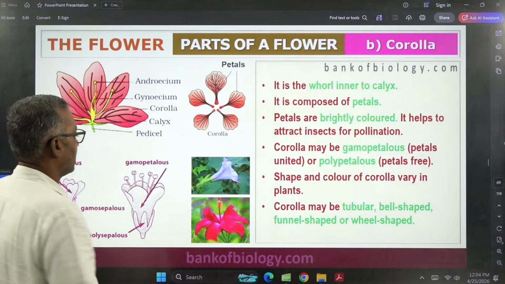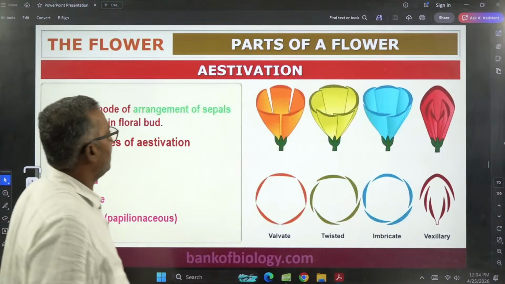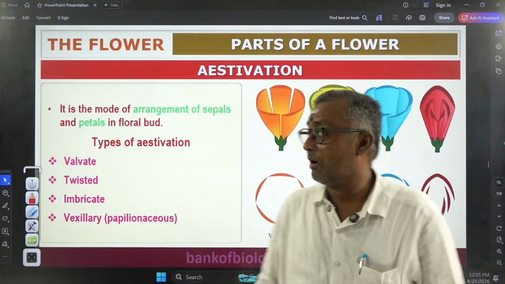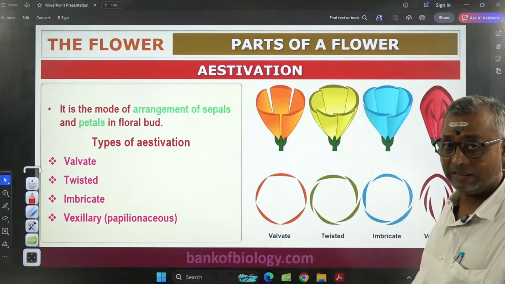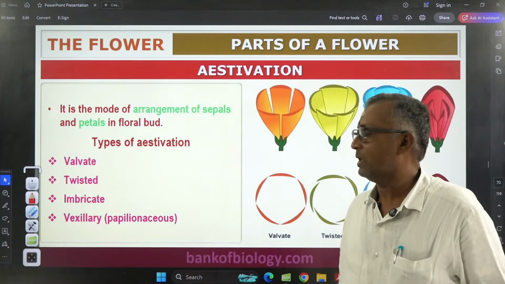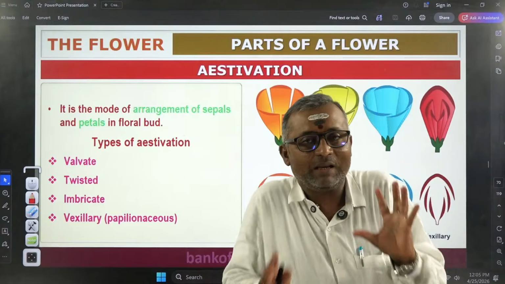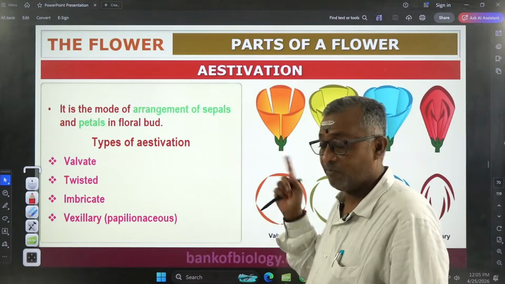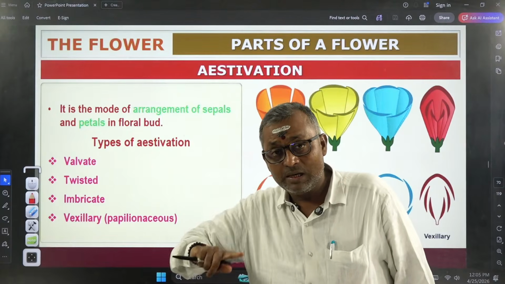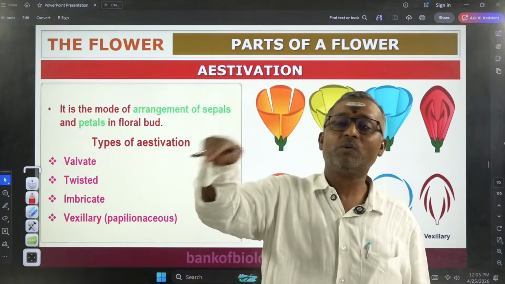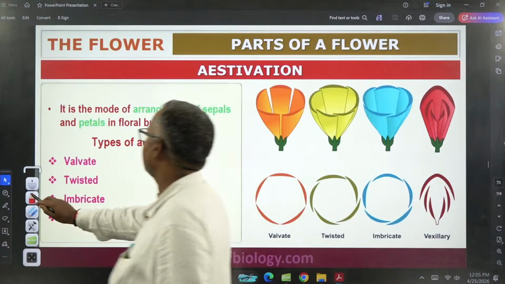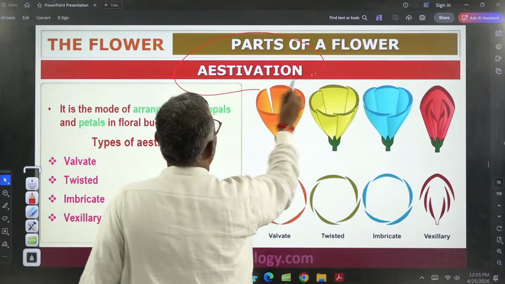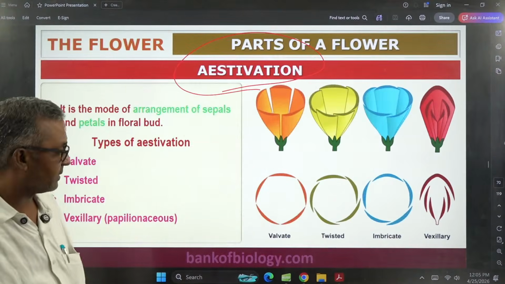Next, apart from this, the mode of arrangement of petals or sepals. If you take petals or sepals, they will have a specific arrangement. The mode of arrangement of petals or sepals in relation to the other members of the same whorl is called estivation. What is it called? Estivation.